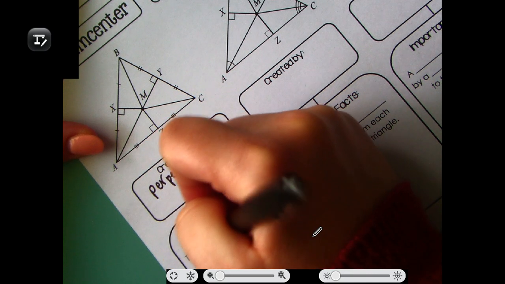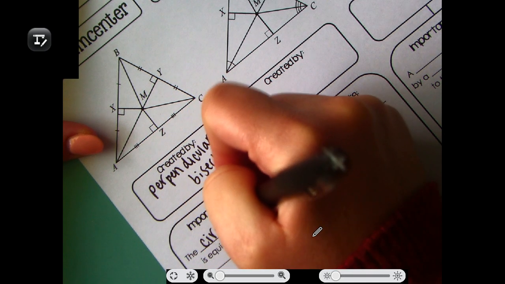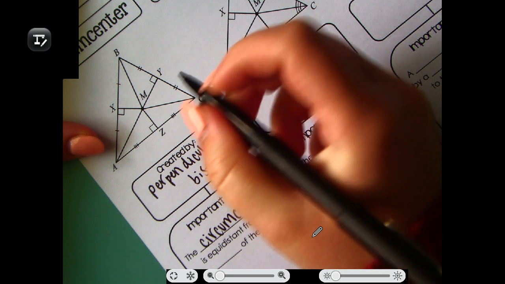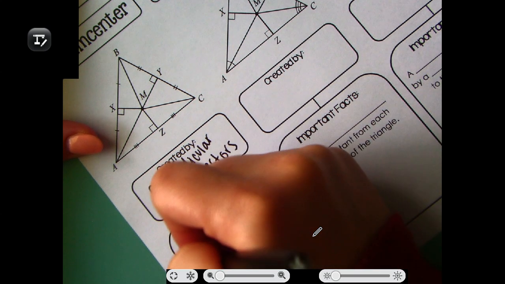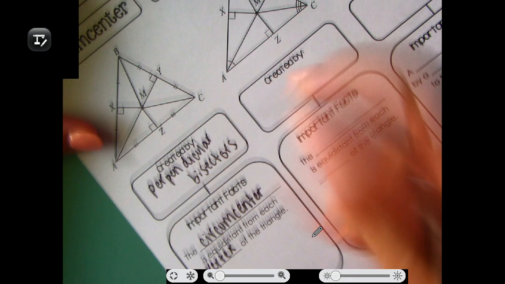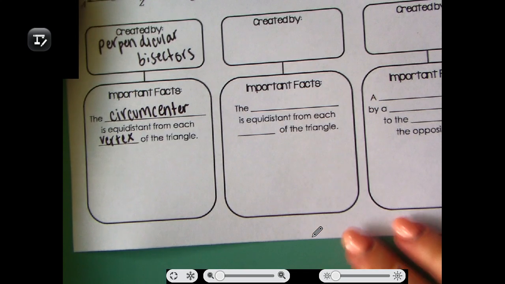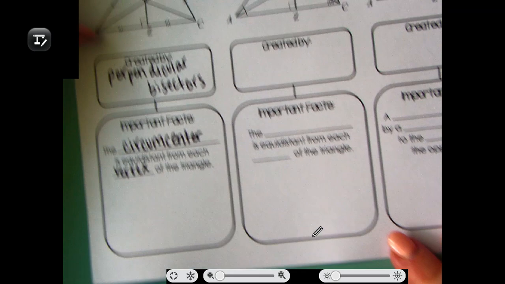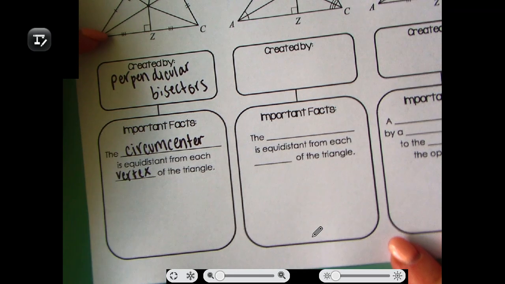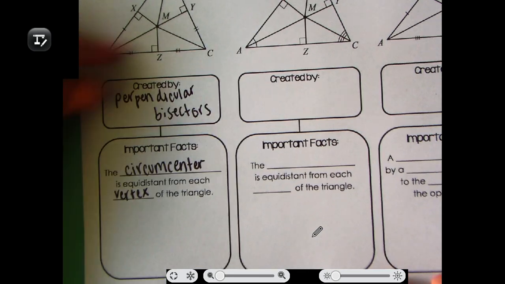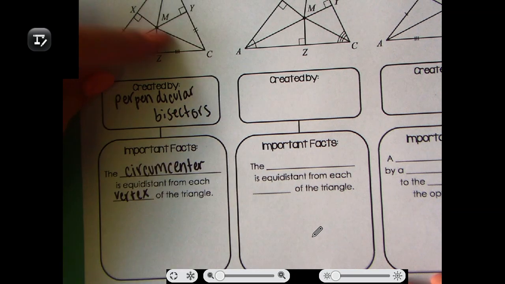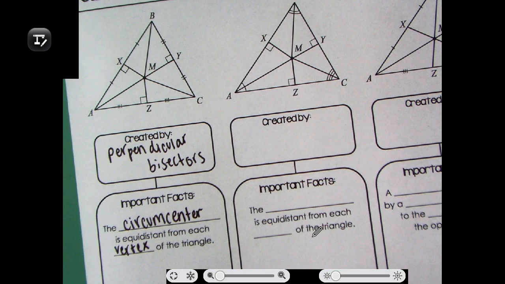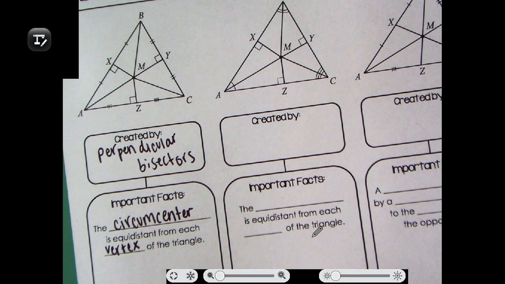So the circumcenter is equidistant from each vertex of the triangle, meaning, in this case, that AM equals BM, which equals CM. And I highlight them.